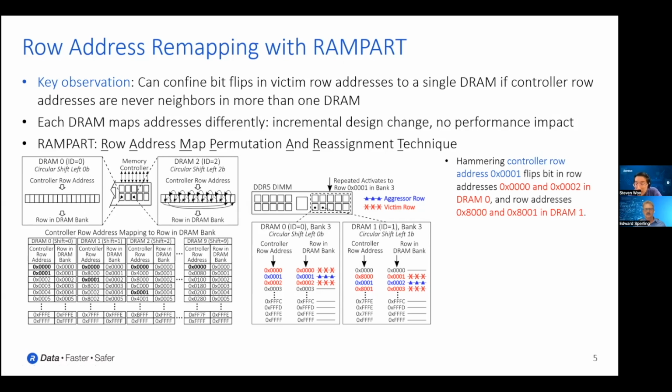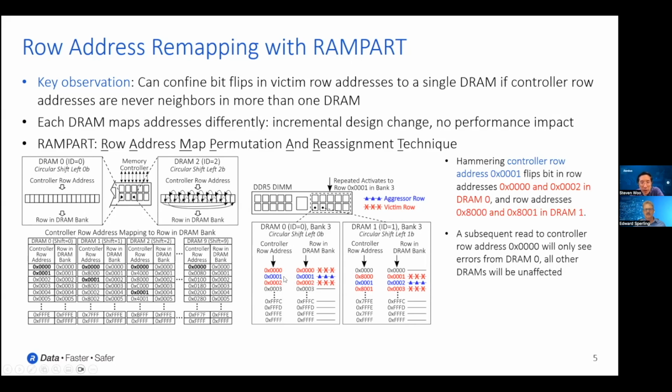What's interesting is if I'm successful at hammering controller row address 1, I will cause bits to flip in different neighboring row addresses in different DRAMs. So I've actually done the thing which I wanted to do, which is to limit the number of bits that can flip at any victim row address.